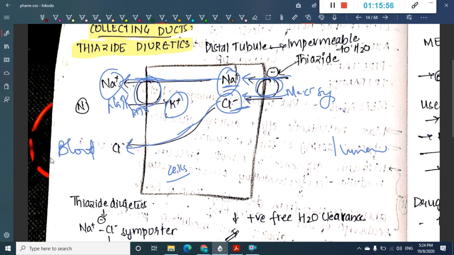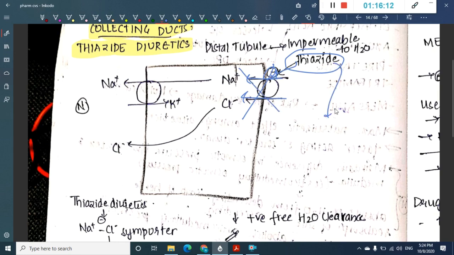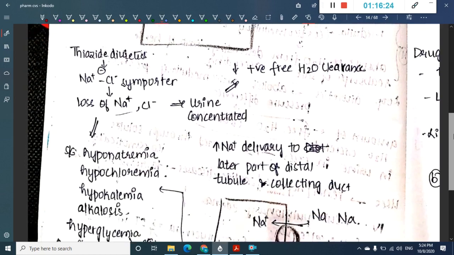Now if thiazide diuretic is given, it will inhibit this absorption of sodium and chloride, and as a result there is excretion of sodium and chloride. This is the mechanism of action of thiazide diuretic.